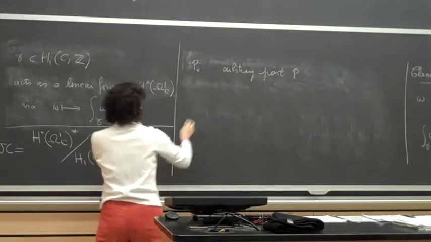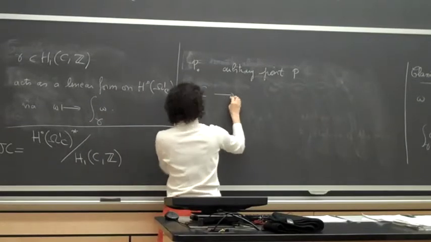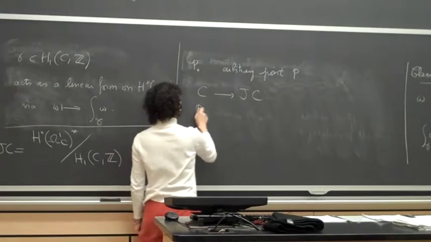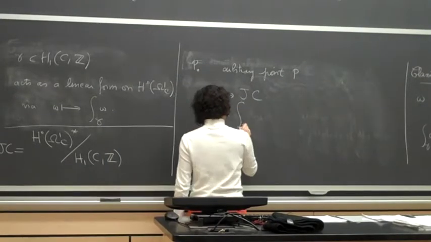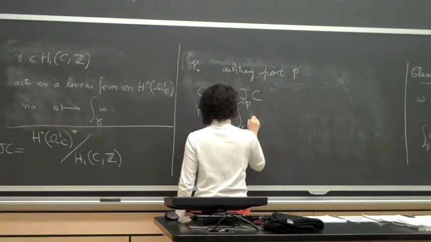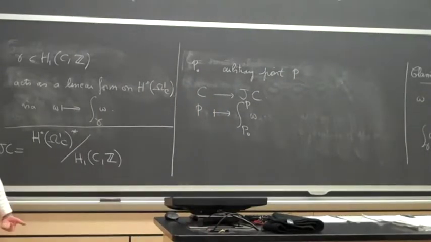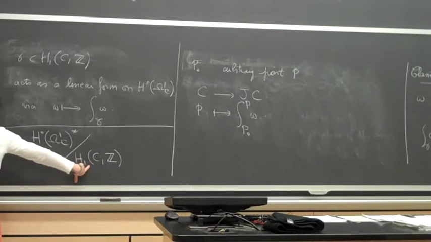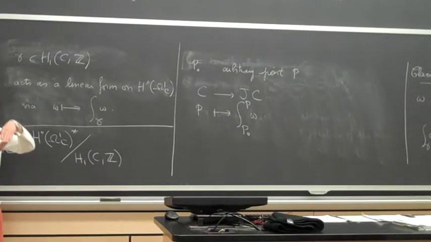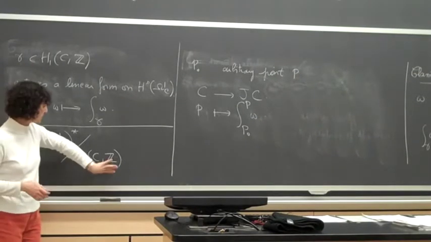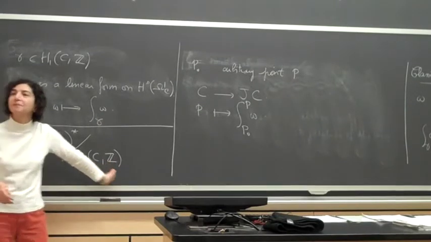Then you have a map from C into J of C, which sends P to the integral from P0 to P of omega. And now I have no ambiguity anymore because I killed the ambiguity. Right? So I can integrate from P0 to P, I can just choose a path, and it doesn't matter what path I choose because the difference between any two paths will be an element of this guy, and I killed this guy. Okay?